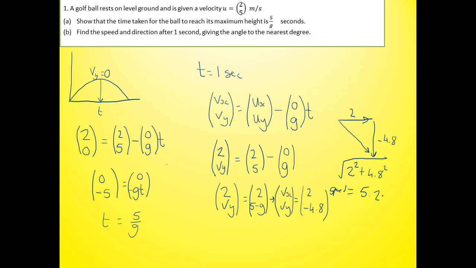So 5.2 meters per second is our speed, and our direction, so I'm just going to say at, and it's going to be tan to the minus 1 of 4.8 divided by 2. So shift tan 4.8 divided by 2 gives us 67 degrees.